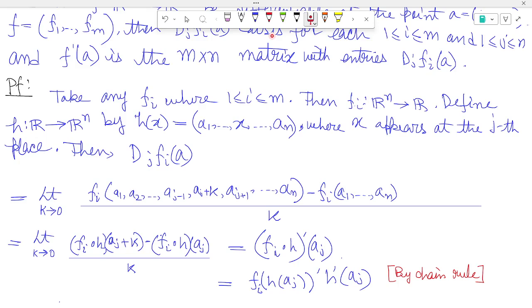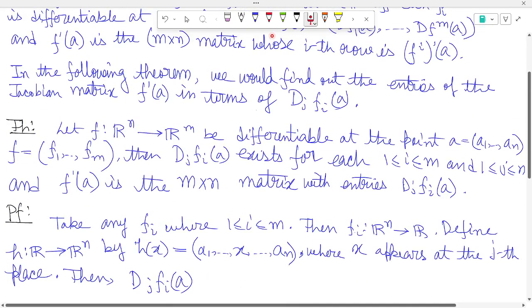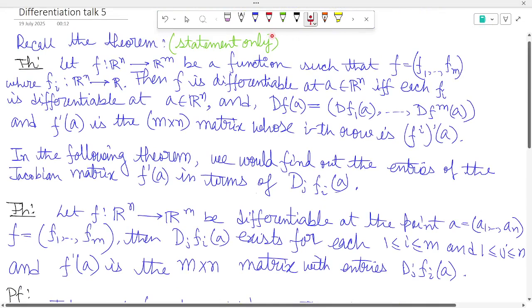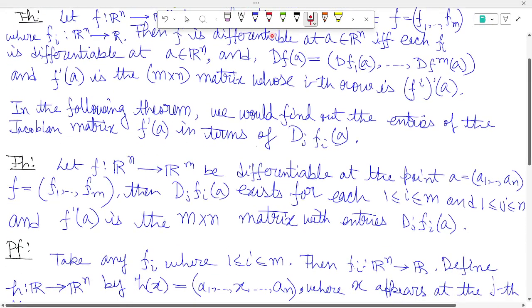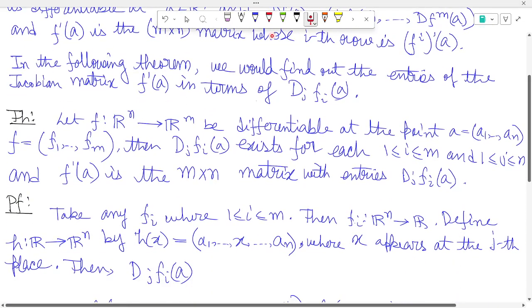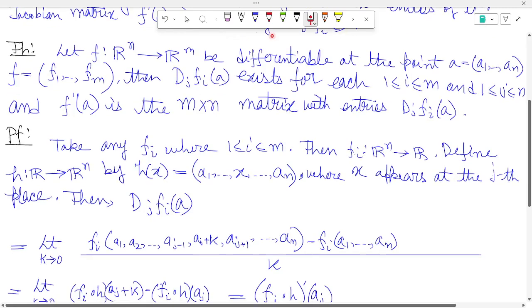You are individually differentiating the tuples here.